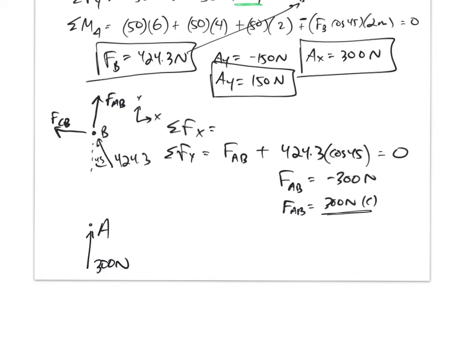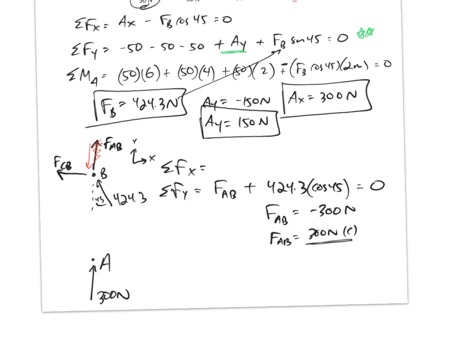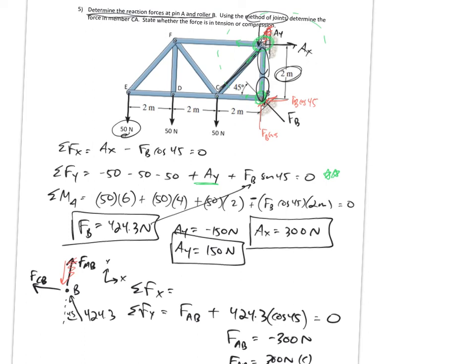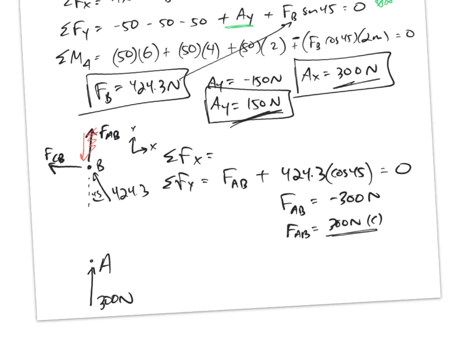Compression is always pushing. Tension is always pulling. All right, so it is pushing 300. Let me remember what I had back up here. AX and AY: AY 150 down, AX 300 to the right.